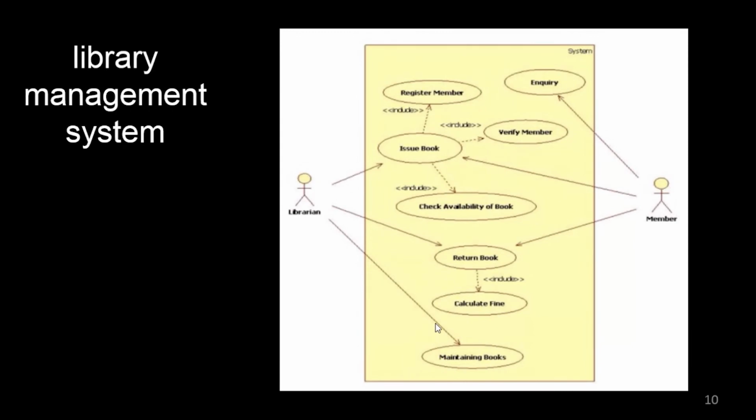If you see that it is not a mandatory thing, then you can make it an extend relationship. And if you make it a compulsion, then also it's fine, because for every case it's going to first check whether the book is returned after its due date. It can be up to you. You can make it extend also.